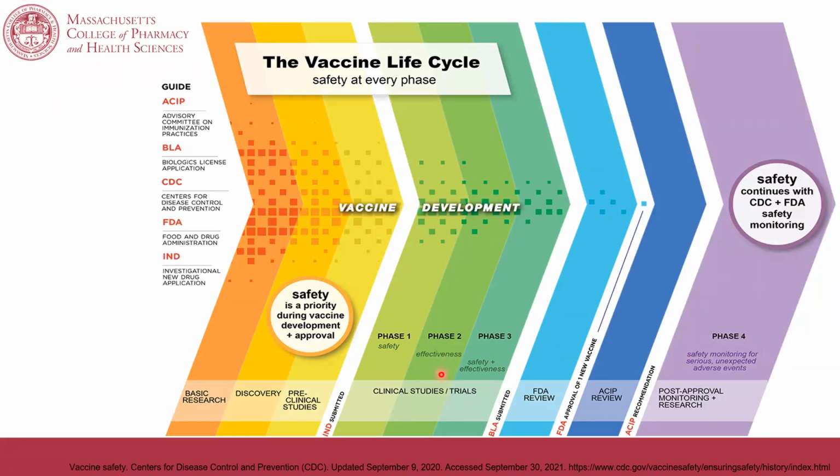We'll talk about the differences between efficacy and effectiveness and what that means in the future. But then after that, you'll submit that BLA that I talked about. You'll have the FDA review, and then additional reviews by the ACIP, the Advisory Committee on Immunization Practices. And lastly, phase 4, surveillance monitoring. And so this is really a global picture of how vaccines are developed and improved.